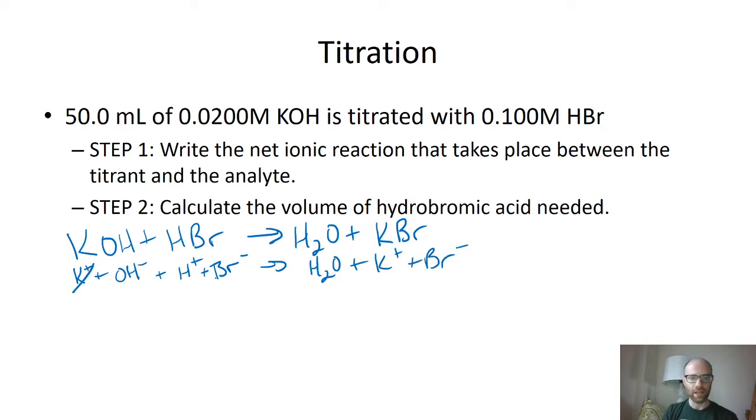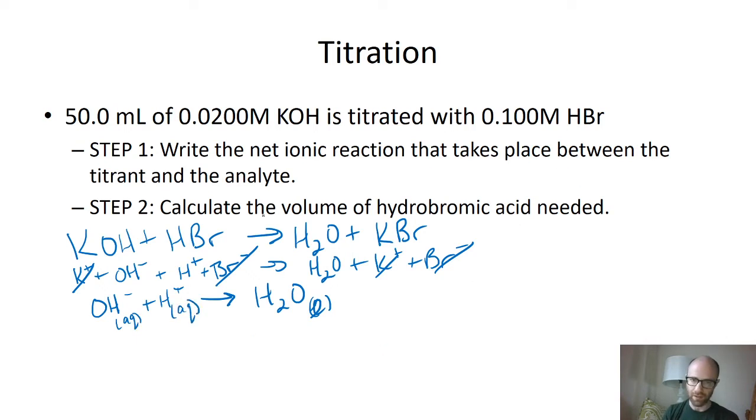Cancel out anything that is a spectator, unchanged in the reaction, and our net ionic reaction, which should be the net ionic reaction for any strong acid, strong base titration, would be hydroxide plus hydronium yields water. Of course, the phases need to be in there as well.